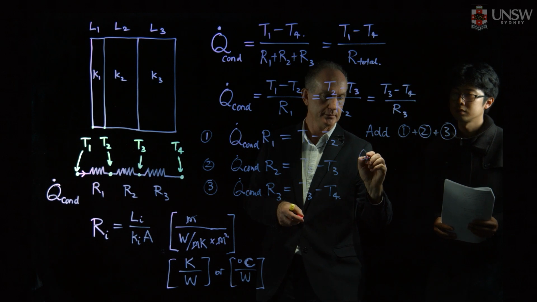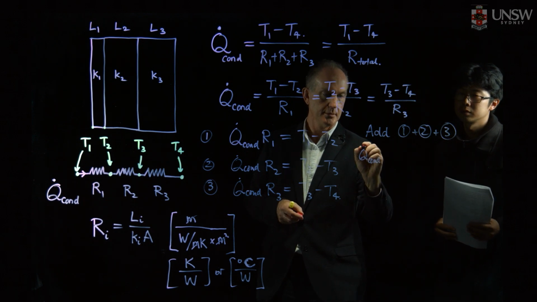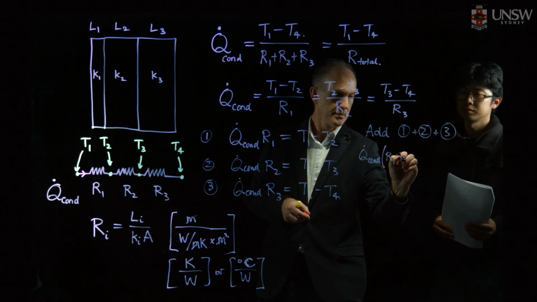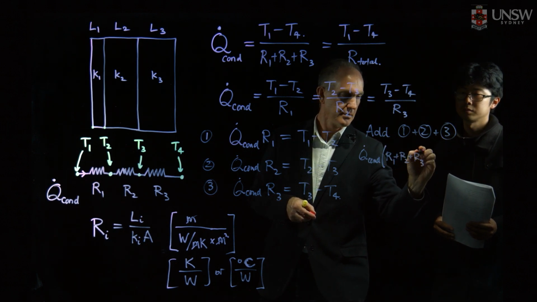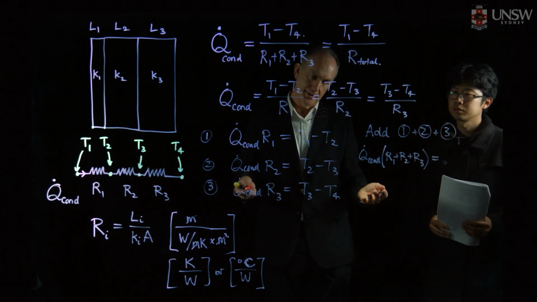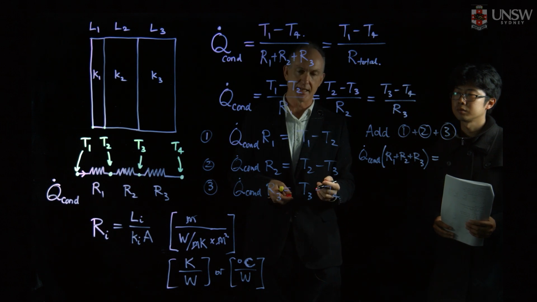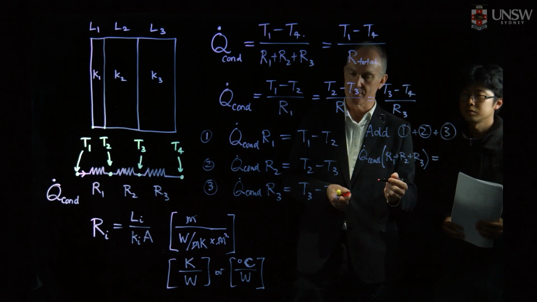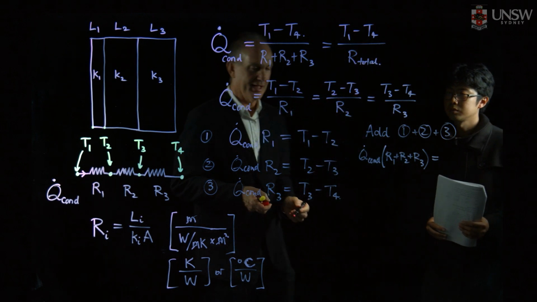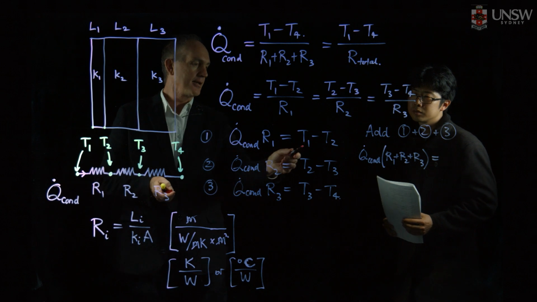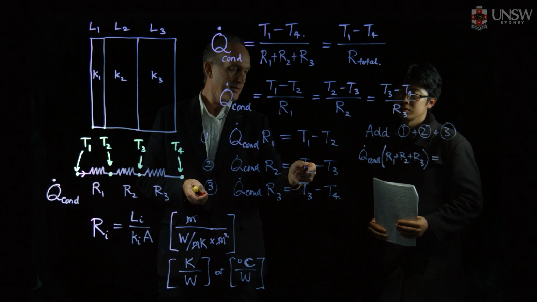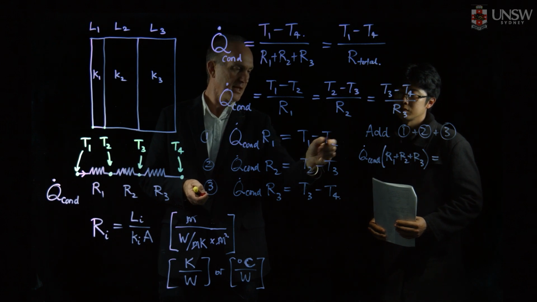Well, we find the left-hand sides add together. I've taken Q conductivity outside the brackets and added together R1 plus R2 plus R3. Now let's add the right-hand side. When we add the right-hand side, have a look at that. If we add those all together, what we've got here is minus T2 plus T2, so they're going to cancel.